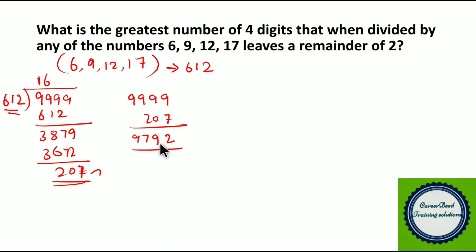So if 9792 is perfectly divisible by 612, this number will obviously be divisible by 6, 9, 12 and 17 separately. But our question is, it has to give the remainder 2. So you have to add plus 2 to this 9792, so that you get 9794. So 9794 is the greatest 4 digit number which when divided by 6, 9, 12 and 17 gives the remainder 2.